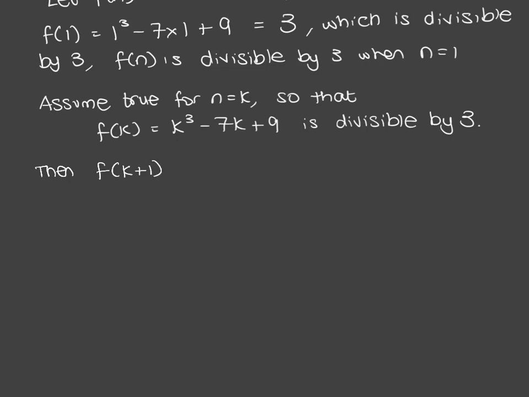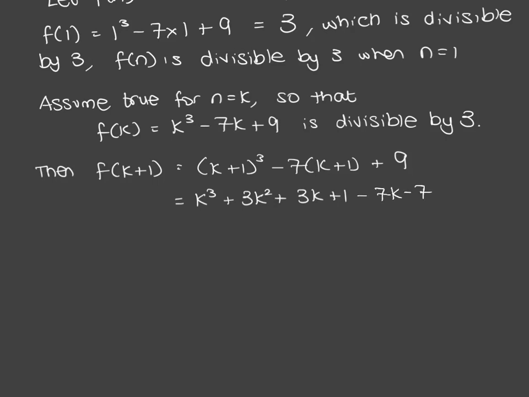So f of k plus 1 will be k plus 1 cubed minus 7 times k plus 1 plus 9. So k plus 1 cubed gives me k cubed plus 3k squared plus 3k plus 1 minus 7k minus 7 plus 9. So that gives me k cubed plus 3k squared minus 4k plus 3.